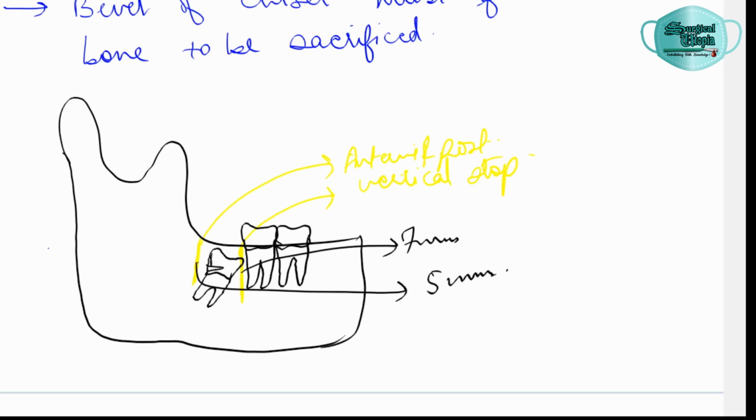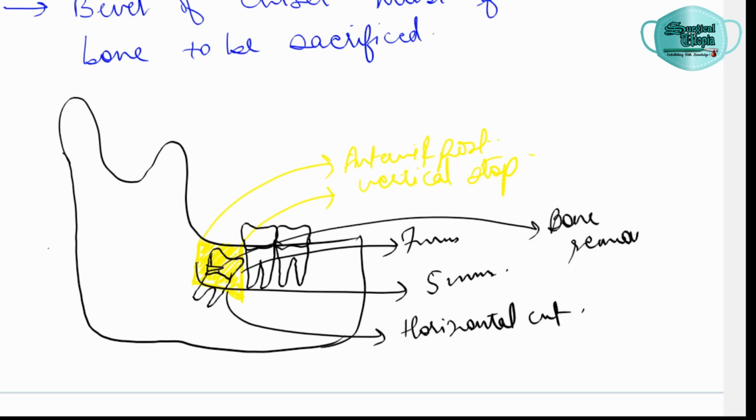If the vertical stop was being made, then the chisel will be turned 90 degrees to place it in the horizontal plane, and through that we will connect the corners of the vertical stops from the anterior. So this is our horizontal cut, and this portion of the bone will be removed. So this was our chisel and mallet method for the removal of the bone.